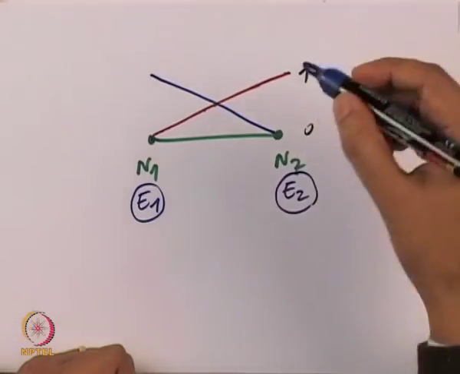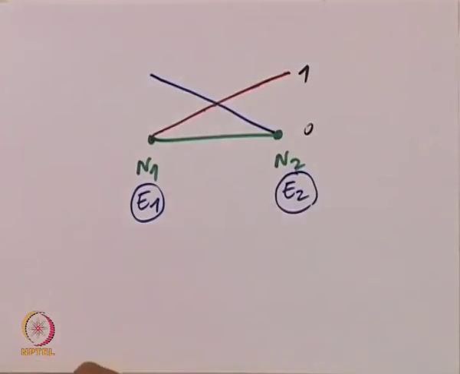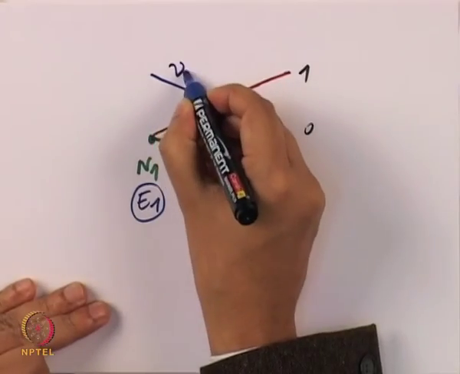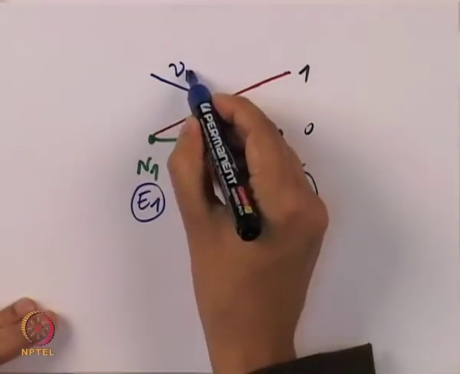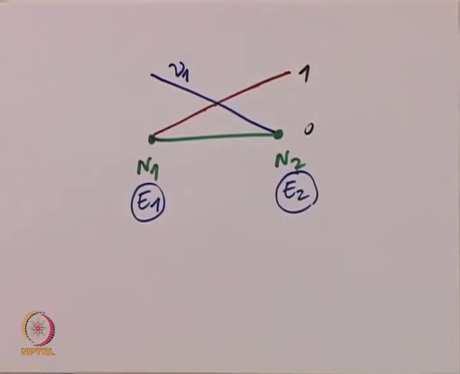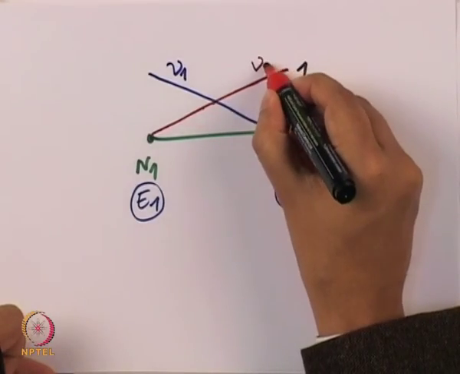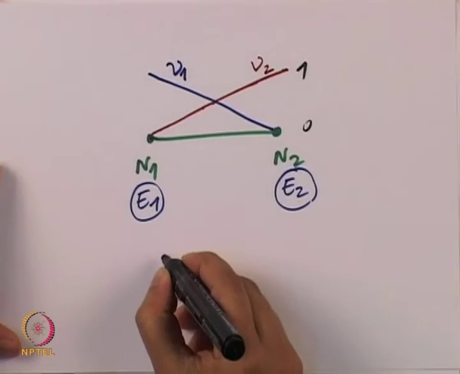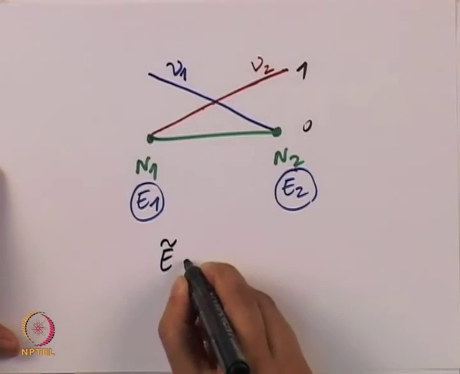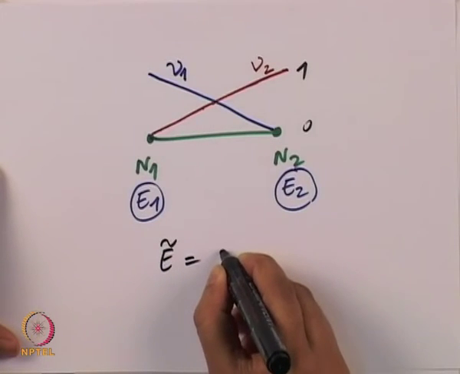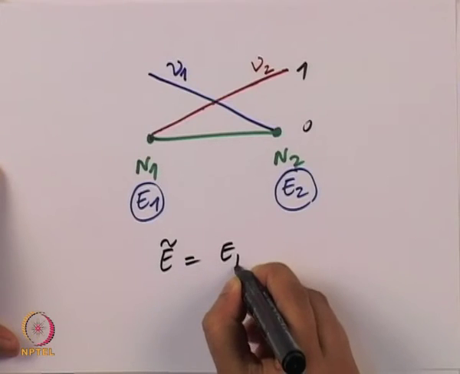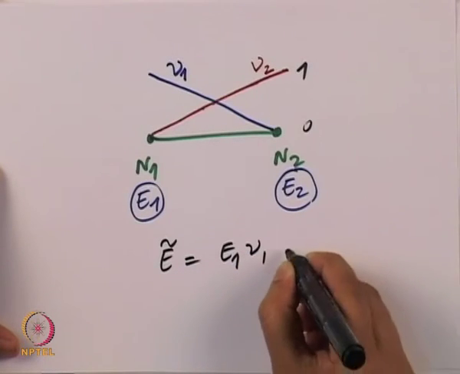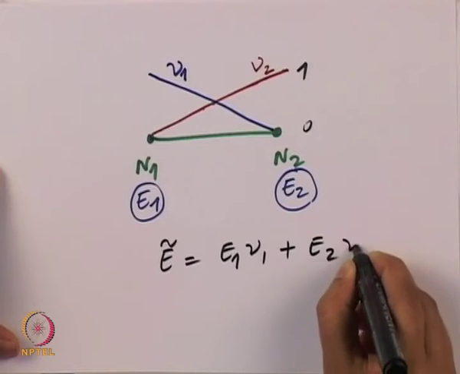This one is going to be my V1, and this is going to be my V2. So inside each of the elements, my E approximation is going to be E1 V1 plus E2 V2.